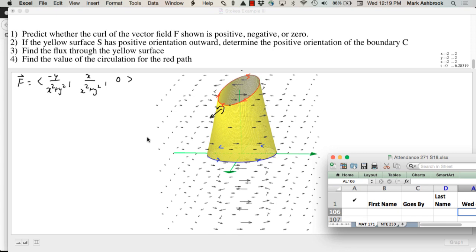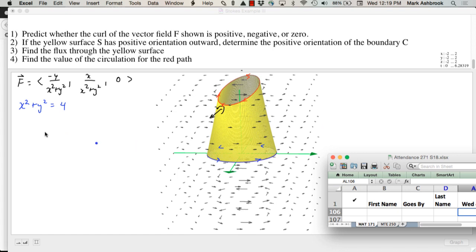So I'll tell you that the bottom ring here is x squared plus y squared equals 4.